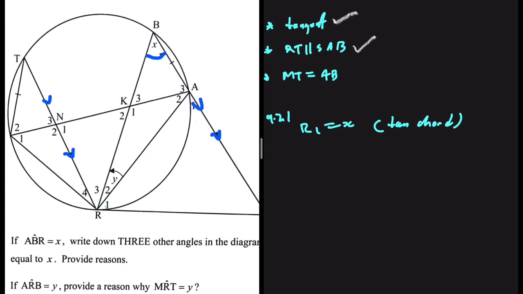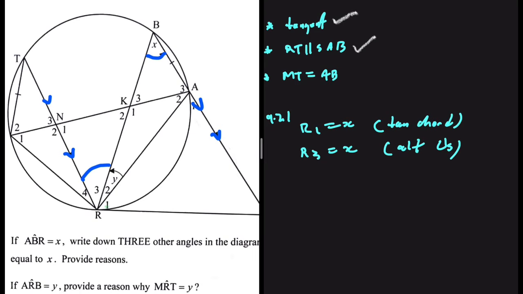If these two lines are parallel, then angle x should be equal to angle R3, alternating angles. So R3 is equal to x because they are alternating angles. So we have used the first 2 keywords. Let's see if we can use the third one. Well, neither MT nor AB is subtending angle x. So I don't think we can use that.